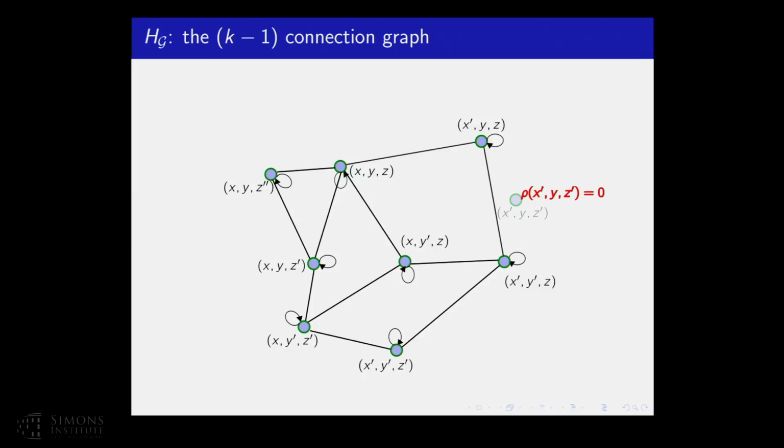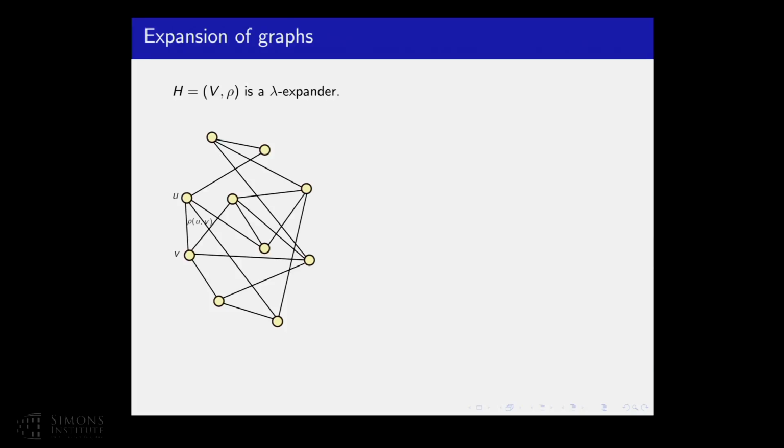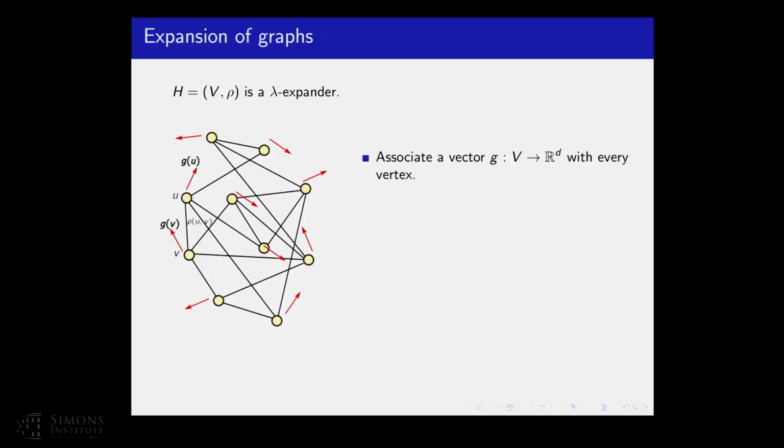It should look something like the k-dimensional hypercube, because you're connecting points at distance 1, but just over a larger alphabet. The other thing I want to say is our notion of an expander.